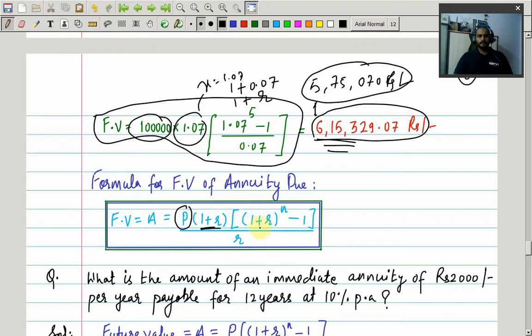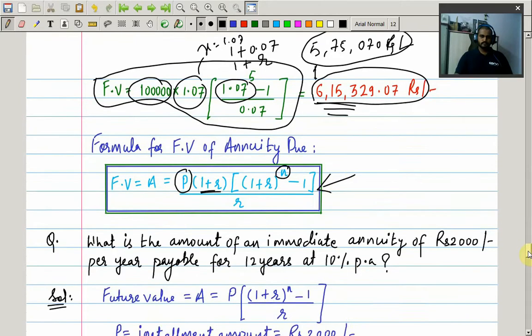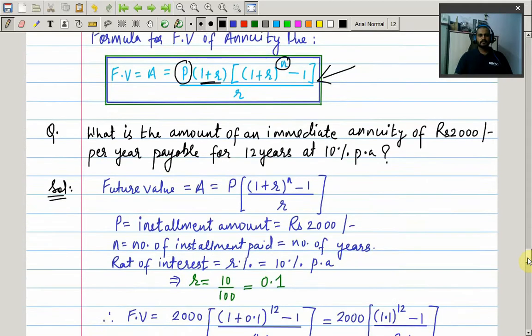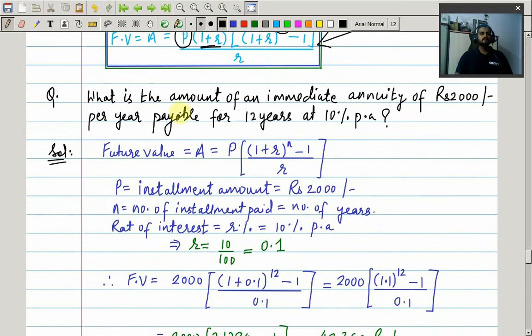And this is also (1 plus r) raised to n, minus 1. So this is the formula for the future value of an annuity due. So what we have here is questions on annuities.